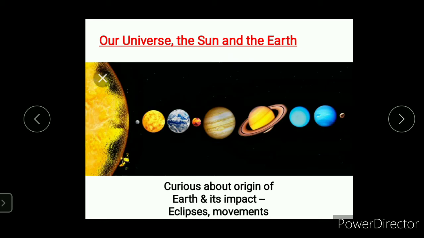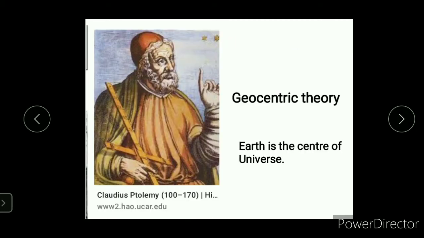So here finally we see that some scientists came to a conclusion. Here you could see the image of Claudius Ptolemy. He is Ptolemy, and he proposed a theory called the geocentric theory. What theory?